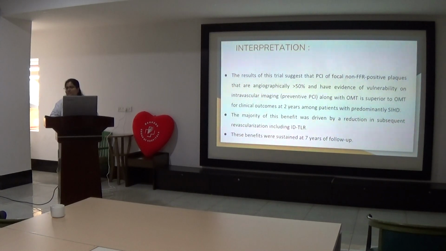Another thing is the vulnerable plaque in different vessel regions. Suppose in the left main there is a vulnerable plaque.